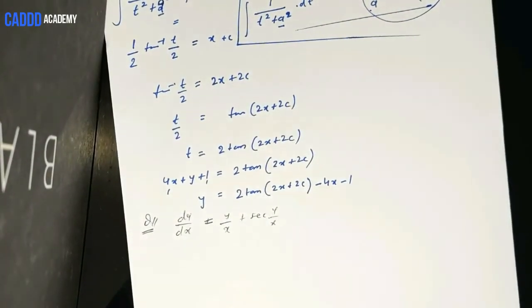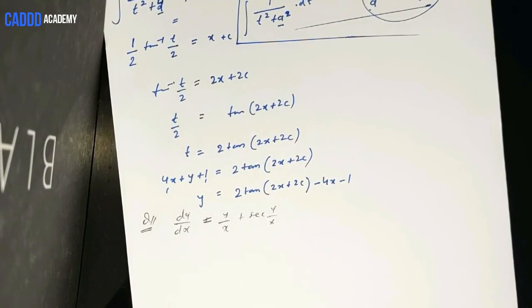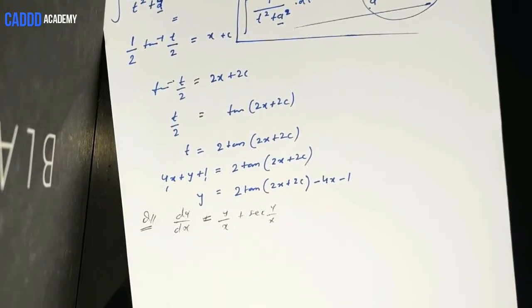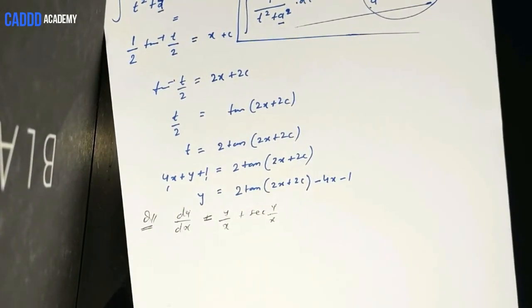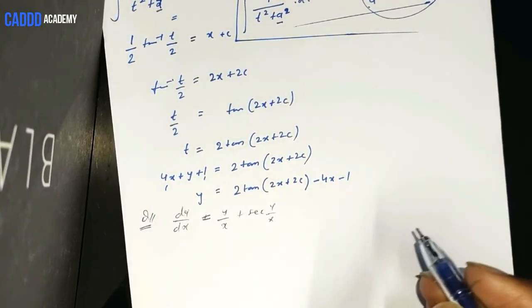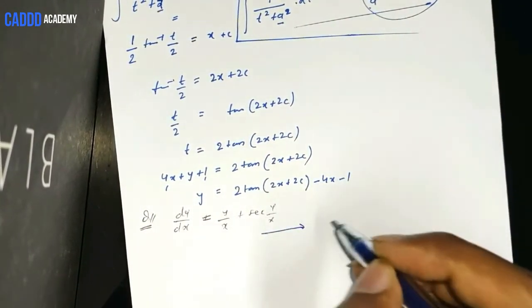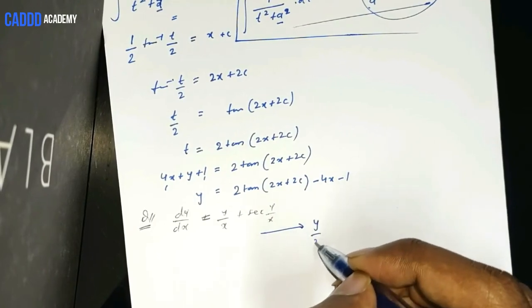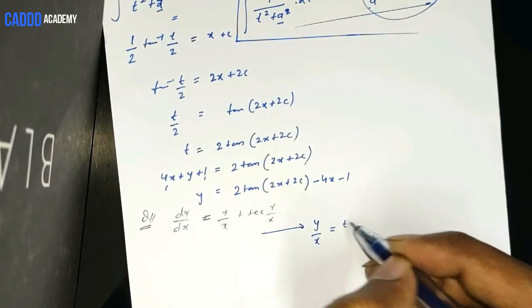This is also a GATE problem, and I'm not saying it again and again, generally I take problems from GATE level examinations. So in this differential equation, how can we separate the variables? No, we can't. So let's put y by x is equal to t.